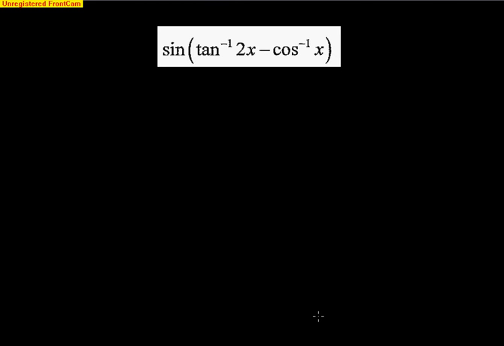First off, we have sine of an inverse minus an inverse. Now remember, inverses are angles. So how about we just let this inverse tangent of 2x be theta. And then this other one back here, inverse cosine of x, let's call that alpha. So what I essentially have is sine of theta minus alpha.